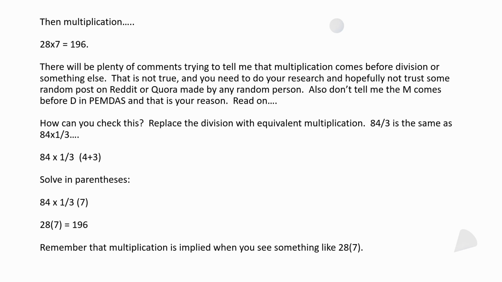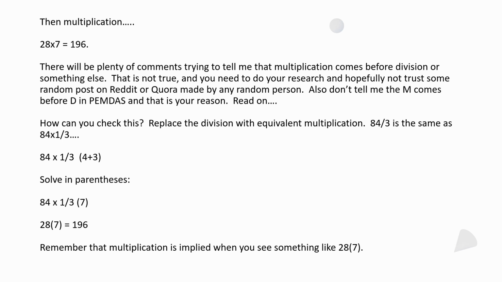So, what's another way you can check this problem again to verify it? Hey, you can replace the division with equivalent multiplication. Just think of 84 divided by 3 as the same thing as saying 84 times 1/3. So let's do that. We're basically going to have just multiplication and addition now. So even if you believe that multiplication comes first, let's do it. 84 times 1/3 times the quantity 4 plus 3.